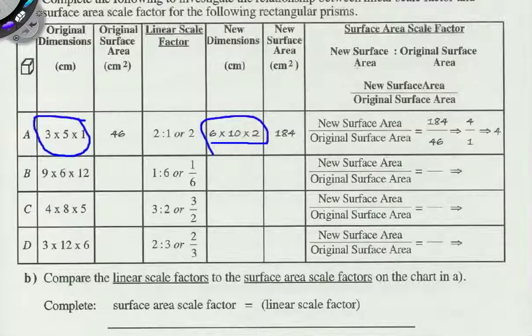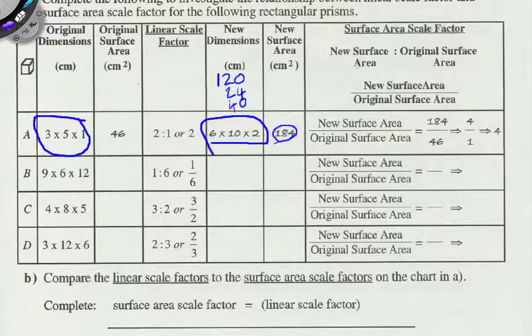Let's just write this down. 120 plus 24, and then we have 10 times 2 is 20, times 2 is 40. So there's 2 of those sides, and adding that up, we'll get 184. So this is correct, 184.